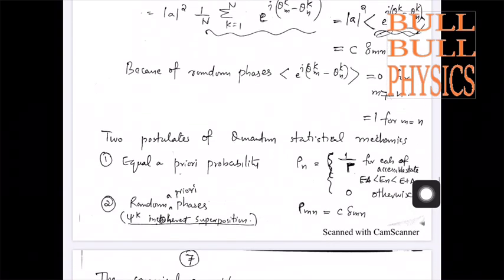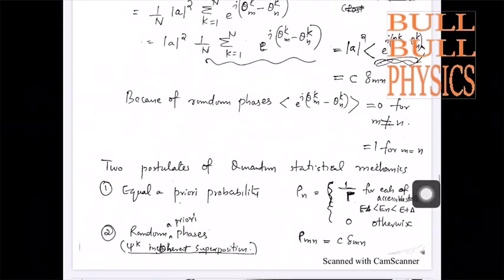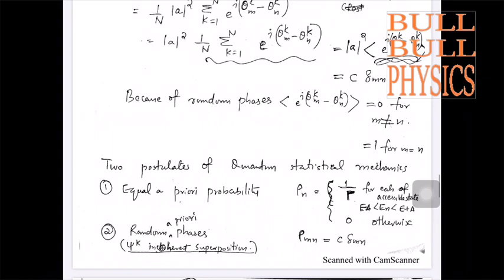In the microcanonical ensemble in classical statistical mechanics, we had only one postulate, the postulate of equal a priori probability. But here we have two postulates.